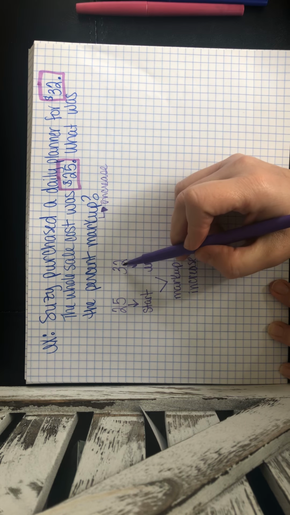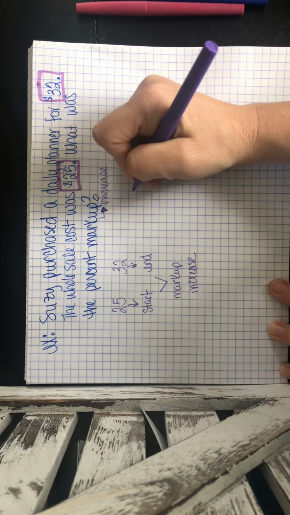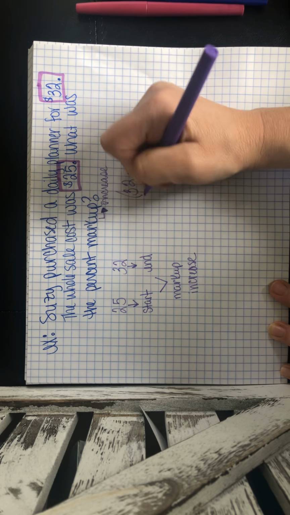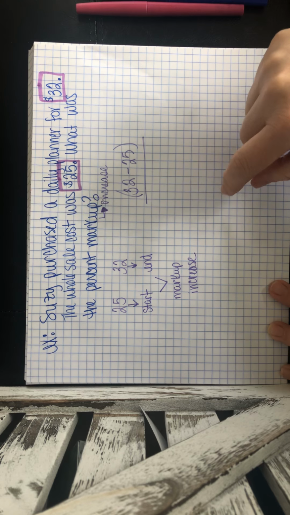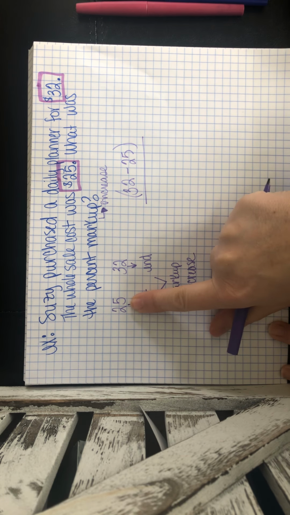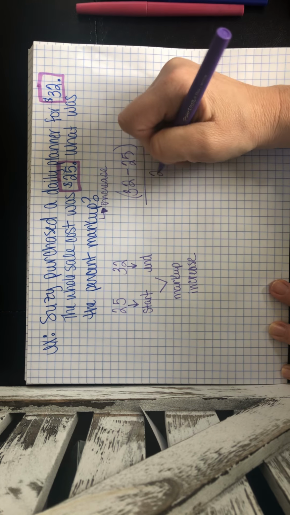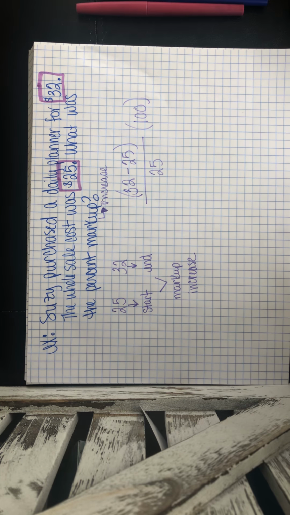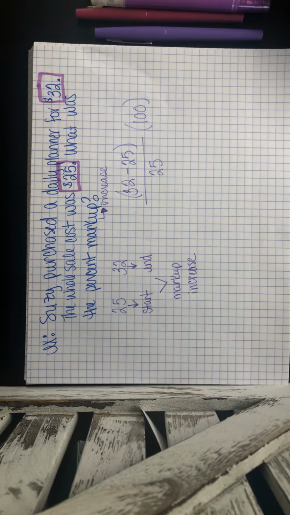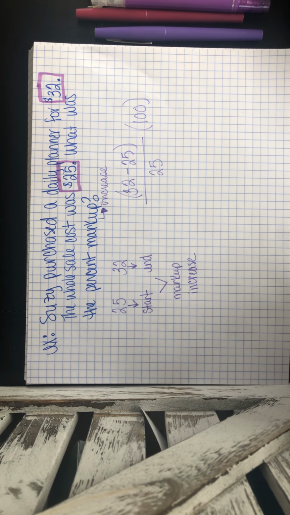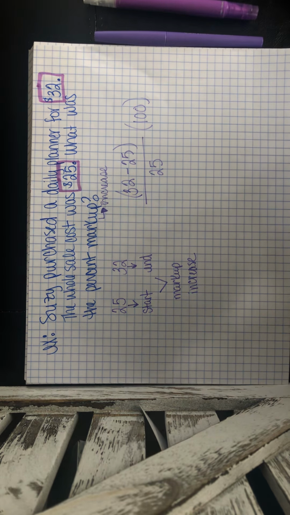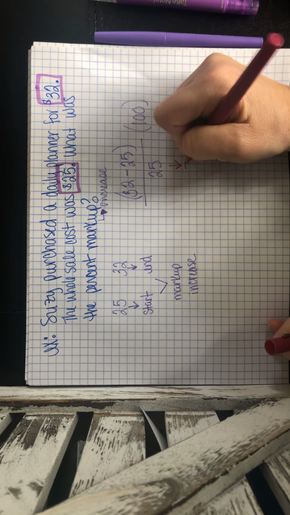So we want to do bigger number minus smaller number: 32 minus 25, divided by our starting number. Our starting number is 25. And then we're going to multiply that answer by 100. I'll walk you through the steps again. 32 minus 25 is 7.